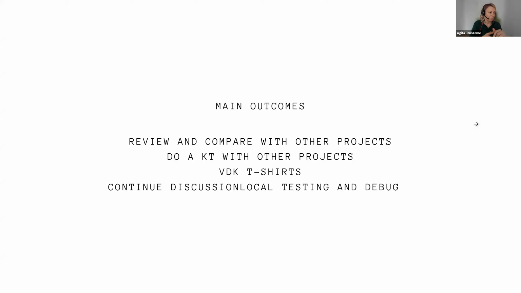Also, we have VDK t-shirts, and we have sent them to some of our previous contributors. I think we should keep doing this, but we don't have a proper process for it. So if you wish to contribute, you may also receive a t-shirt from us, and we are going to have a nice process for this.